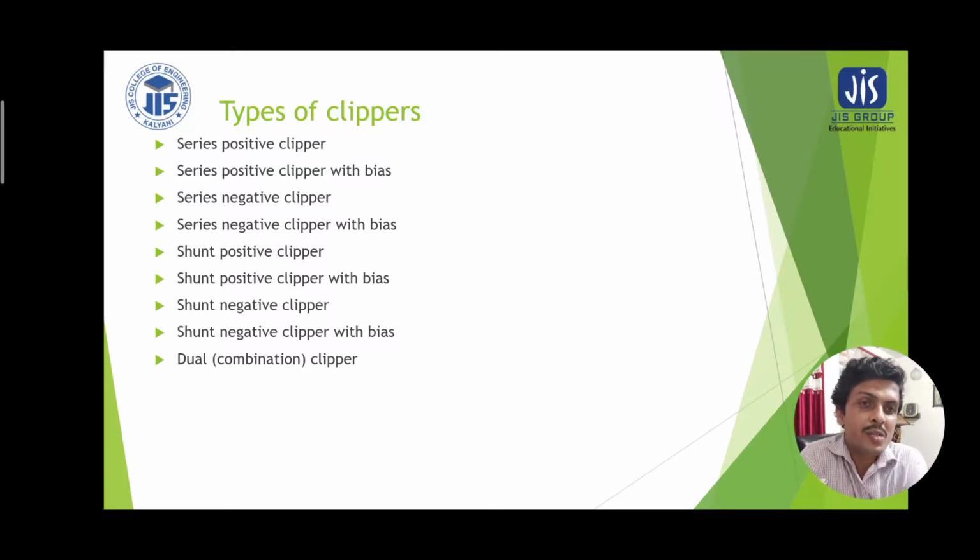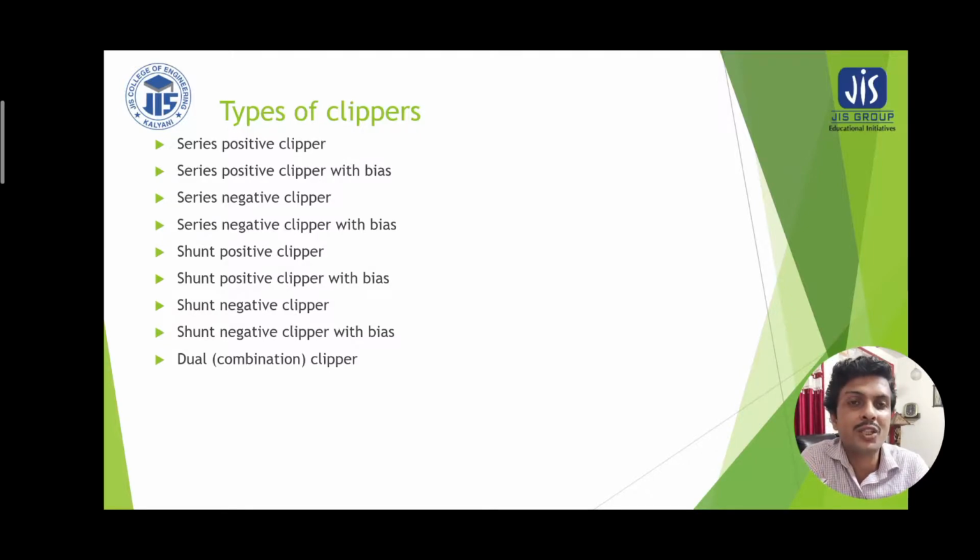Thereafter, the shunt positive clipper. What is a shunt positive clipper? There is a shunt connection of the diode, and it is a positive clipper, meaning the positive half cycle is completely removed. Again, the shunt positive clipper with bias is a positive clipper where the positive half cycle is removed, but not completely because of the word bias, so there is partial removal of the positive half cycle.